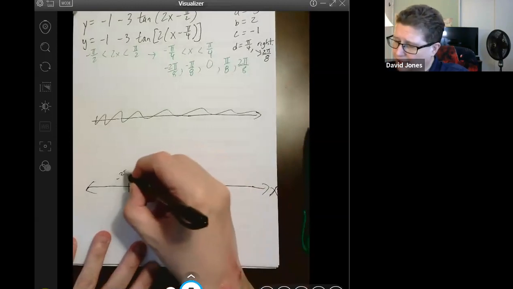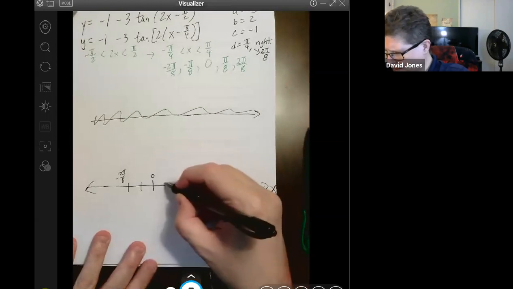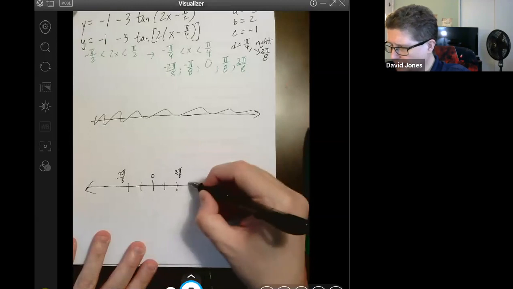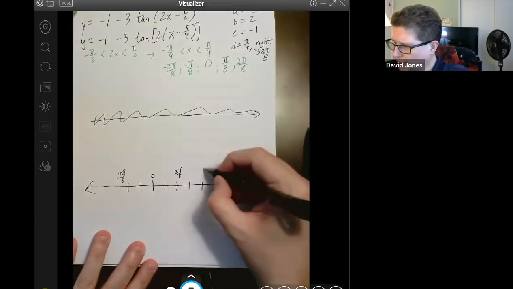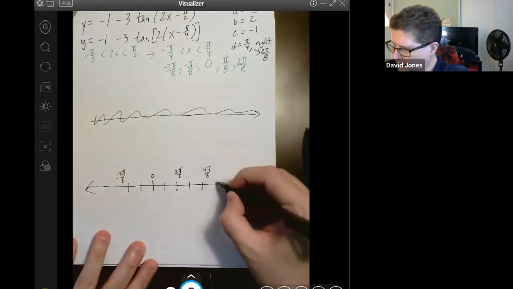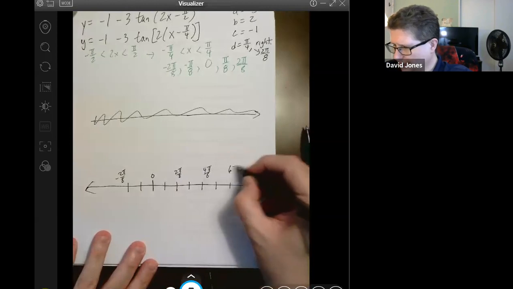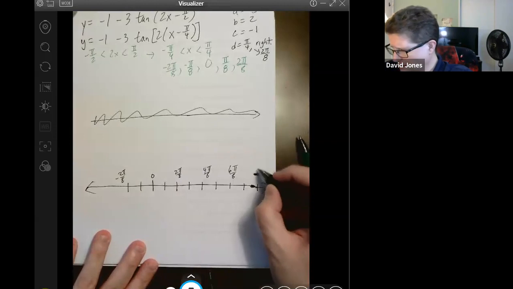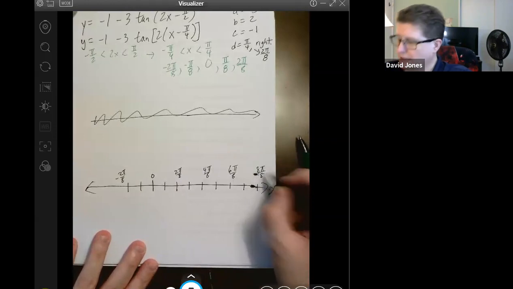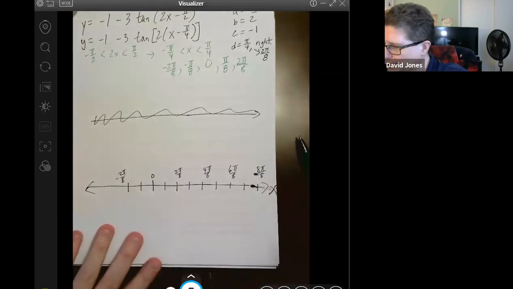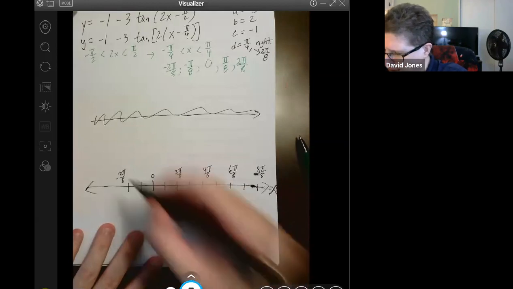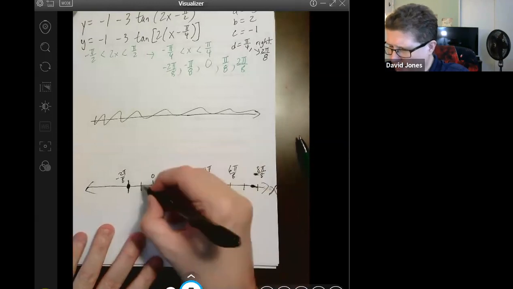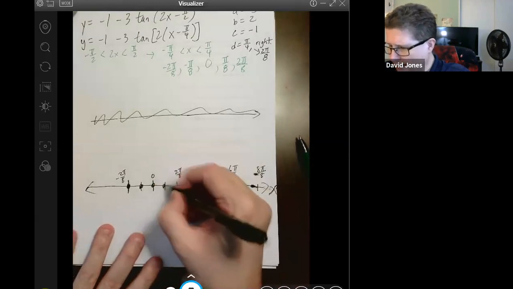Negative 2 pi over 8, 2 pi over 8, 4 pi over 8, 6 pi over 8, 8 pi over 8. All right, so these are my marks here, here, here, here, and here.